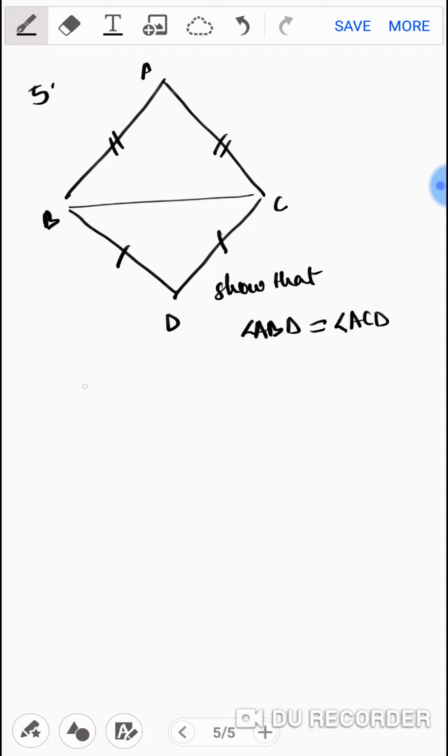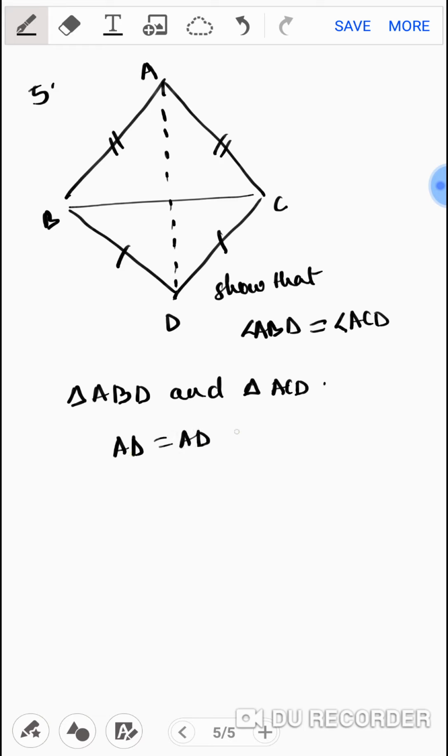What we can do is, let's start. You can take triangle ABD. For that I need to join this. You will take triangle ABD and triangle ACD. AD is congruent to AD, common side.